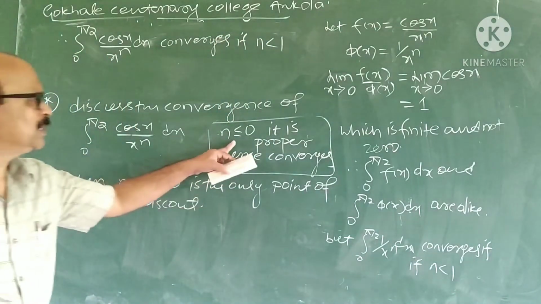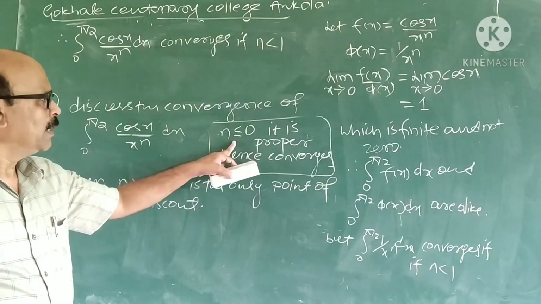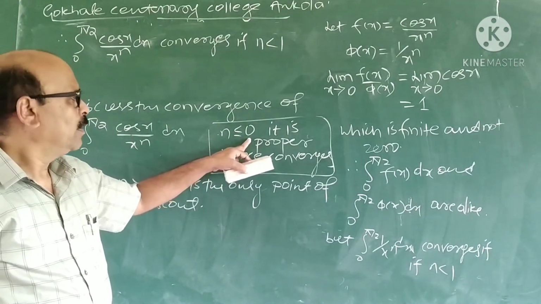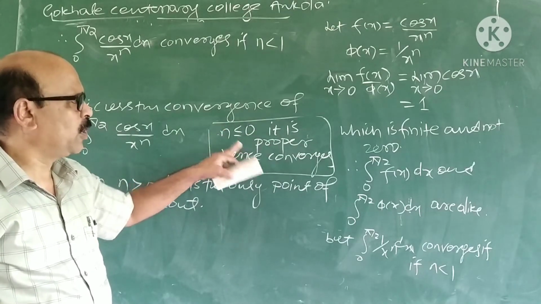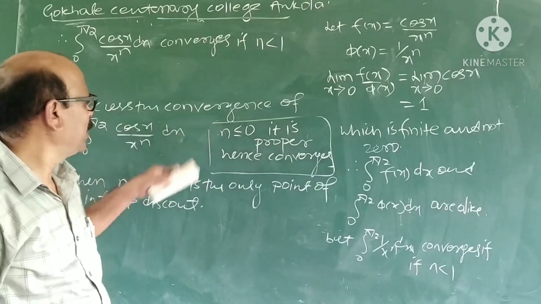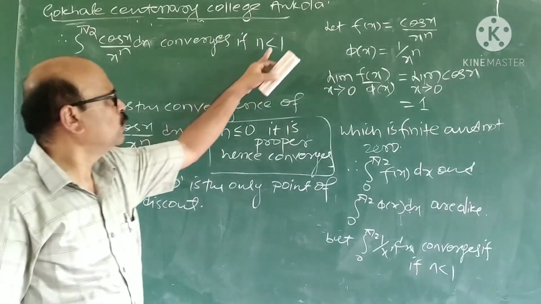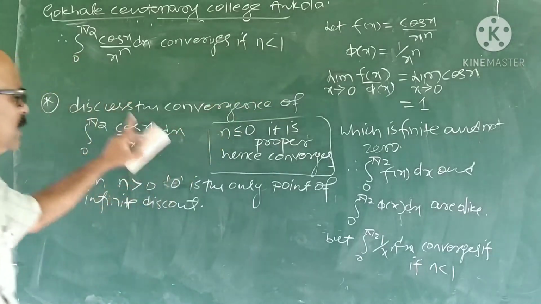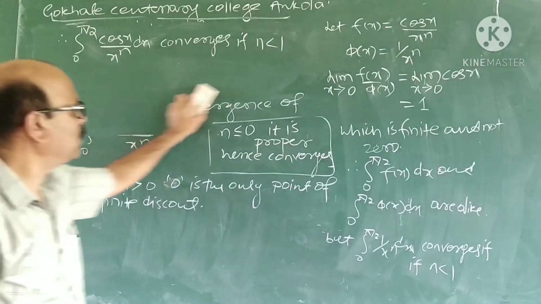That includes this case. The problem arises when n is greater than 0, because for n less than or equal to 0, it is proper, hence converges. When n is greater than 0, it becomes improper. But for n less than 1, not equal to 1, this converges. That is the problem.